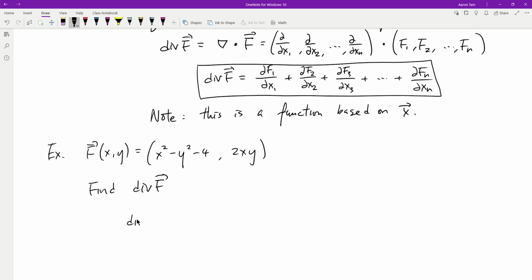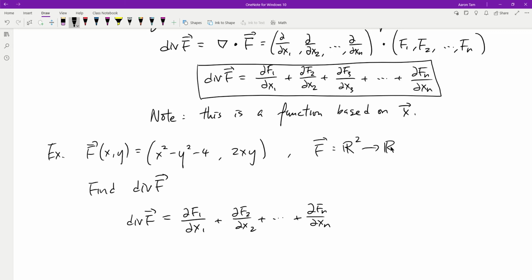Well, use the formula: div F is equal to dF1 over dx1 plus dF2 over dx2 plus and so on up to dFn over dxn. For us, our function F only maps from R2 to R2, so we only have to deal with two terms.